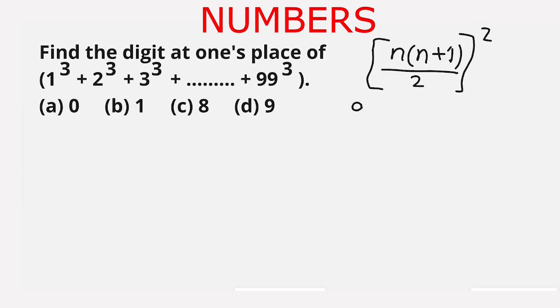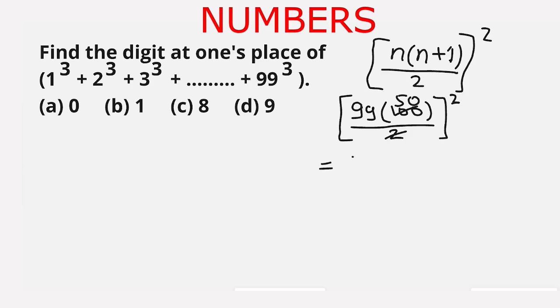n is 99 multiplied by n plus 1, 99 plus 1 is 100, divided by 2, whole square. 2 cancels 100 for 50 times, and this is equal to 99 multiplied by 50, whole square.